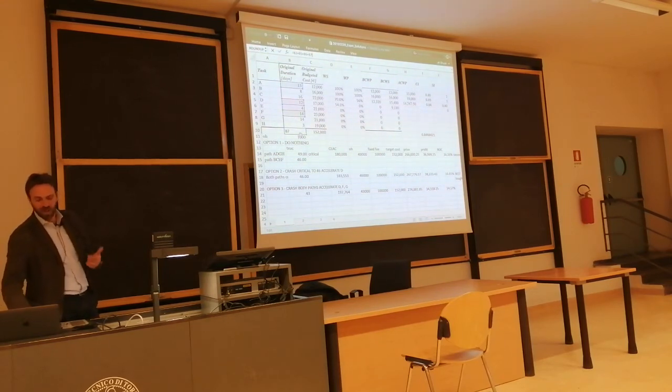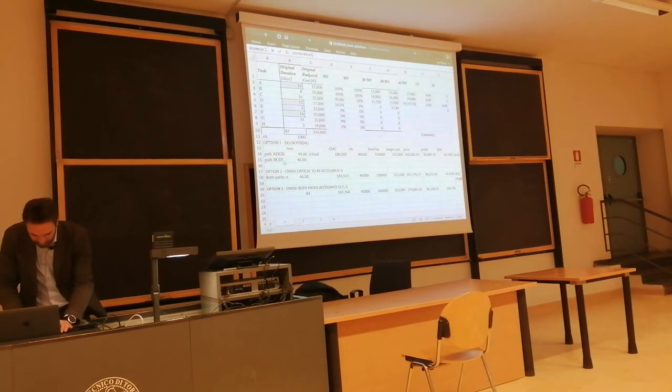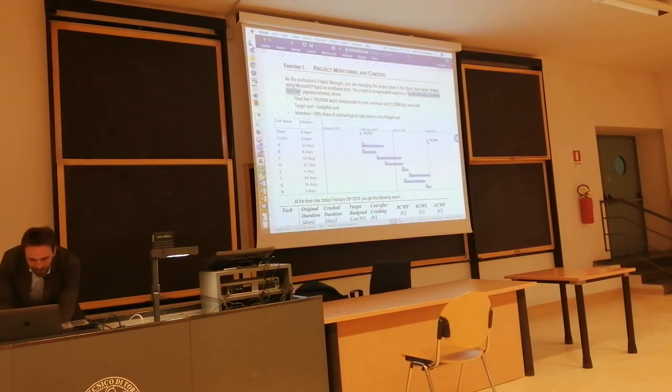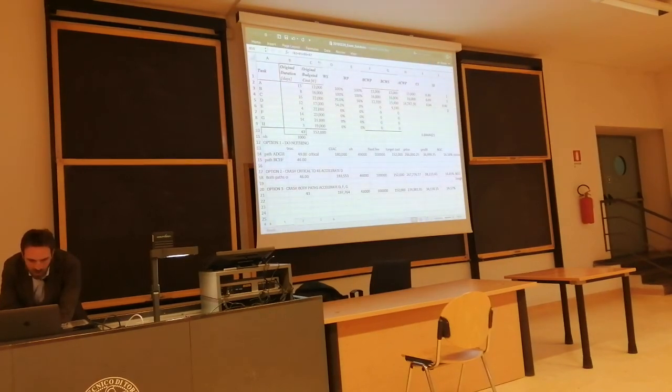So the original longest of all paths was A, D. Why A, D, E, F here? There's a mistake that I have here. A, D, G, H. So there was a mistake. A, D, G, and H, 42.